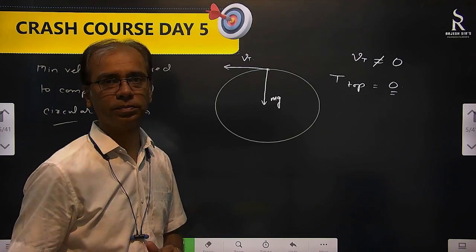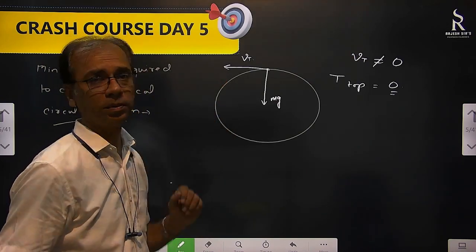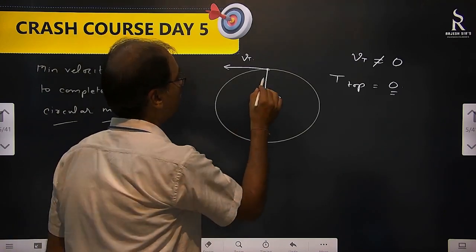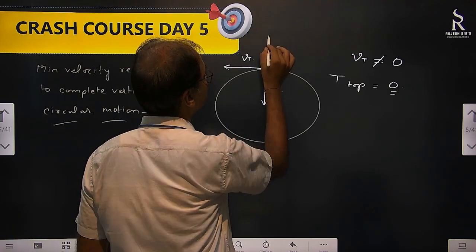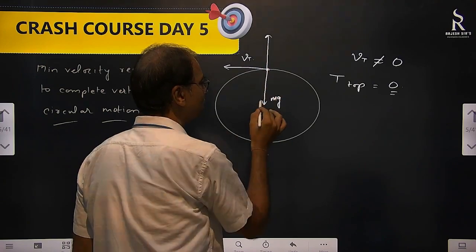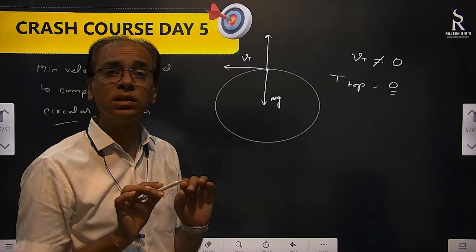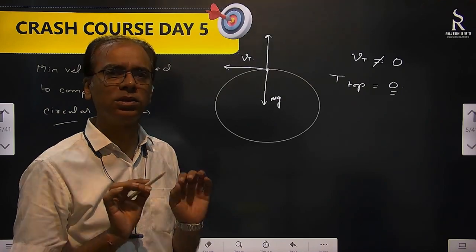There is no tension. Then only it will be minimum speed. If you have tension, then what will happen? This will become tight. So this is just straight, not very tight. It is just straight.